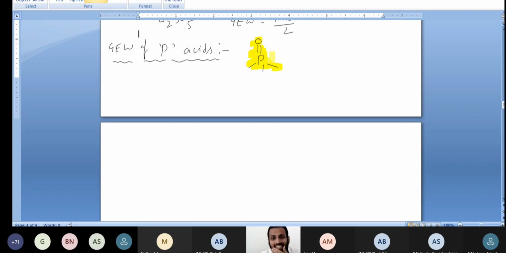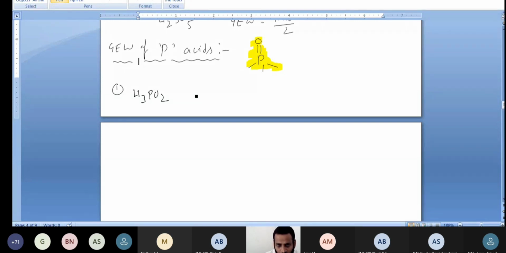Okay, so why is this important? If you know this skeleton structure, it will be easy for you. What will be the basicity? You can understand easily actually. Okay, sir. So now, if you see any phosphorus acid, I'll consider one here, H3PO2. Okay, so this is hypophosphorus acid.